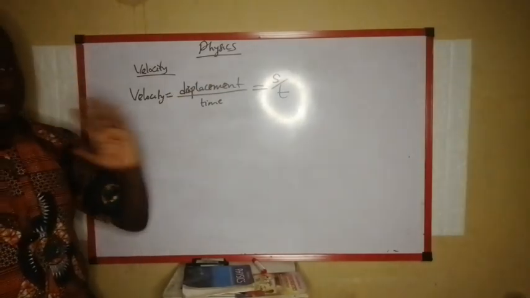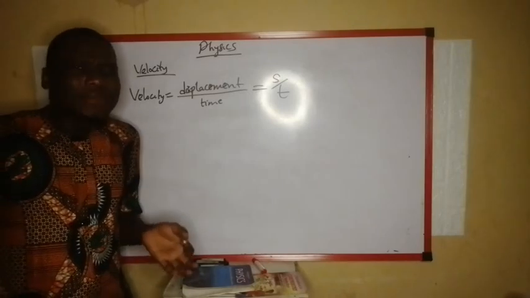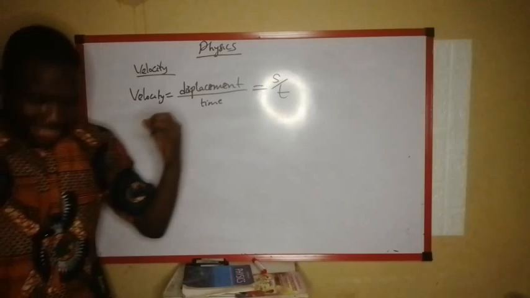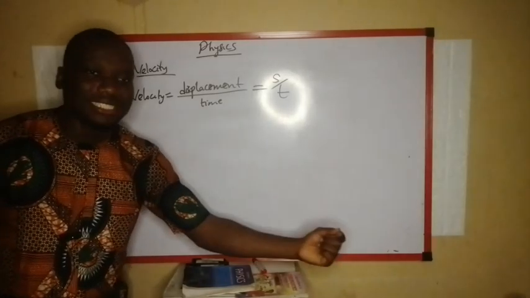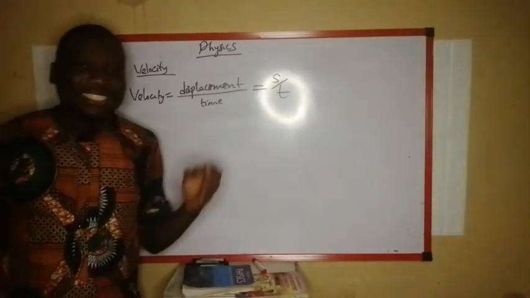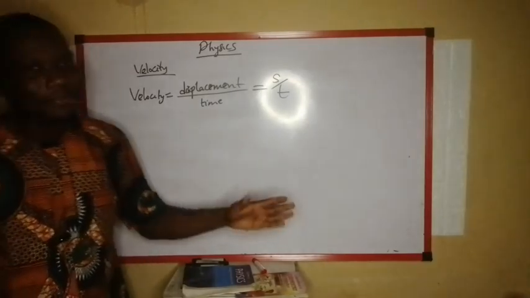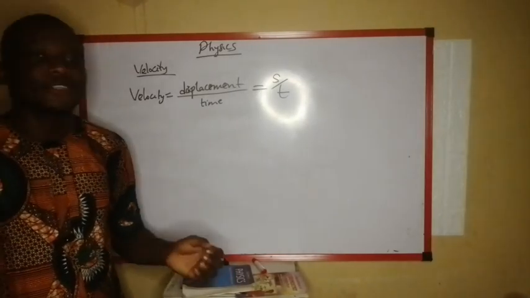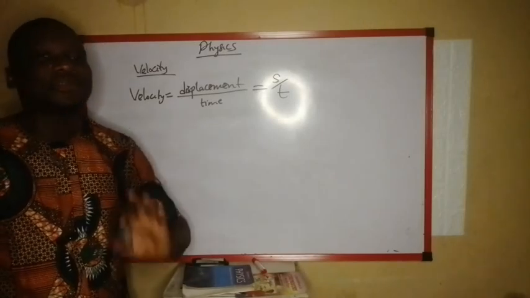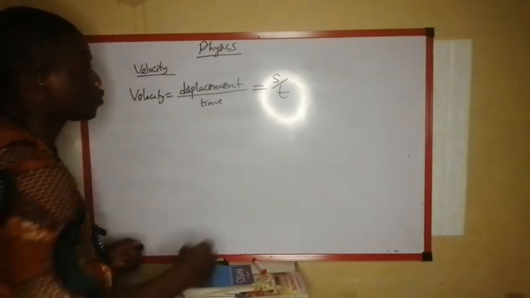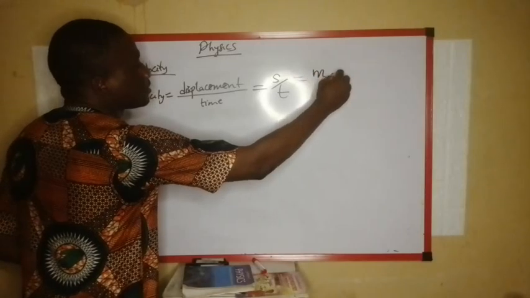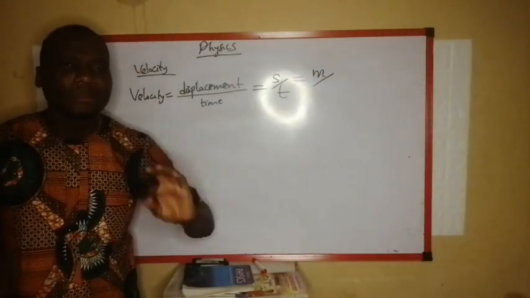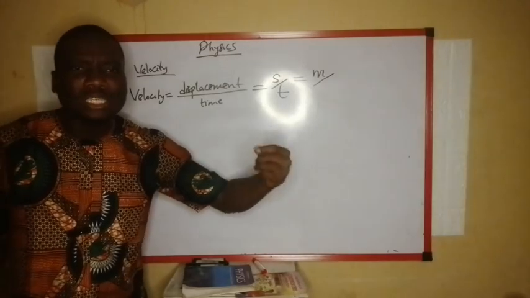So take note of this valid point. Now, displacement is also a form of distance. So if we are expressing distance, normally in mathematics or in physics, distance is expressed in meters. If we are talking about time, what will you call the unit?